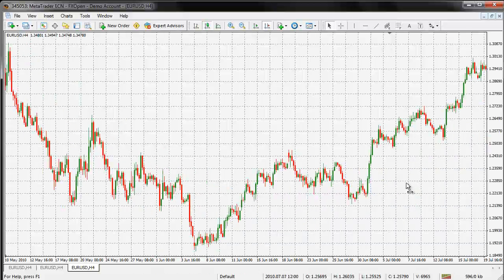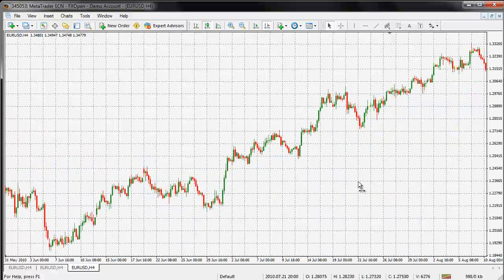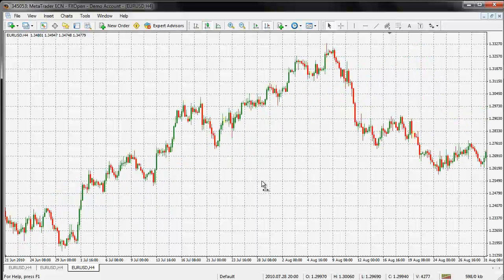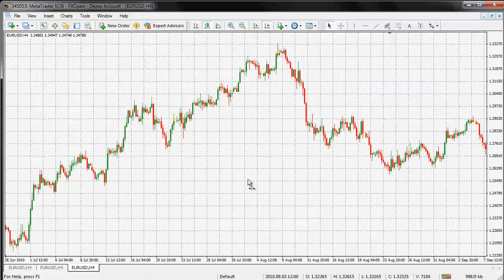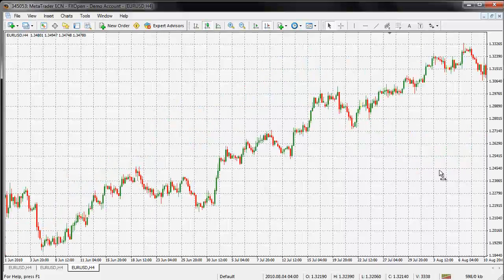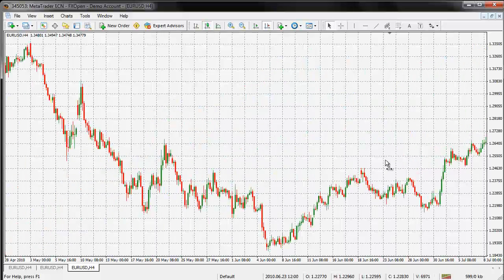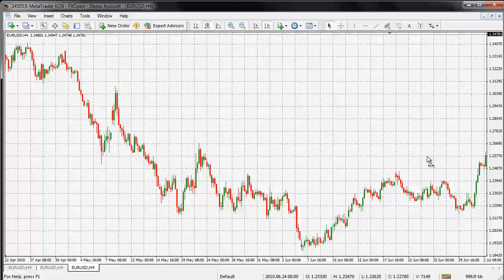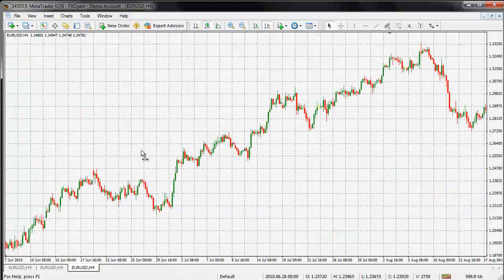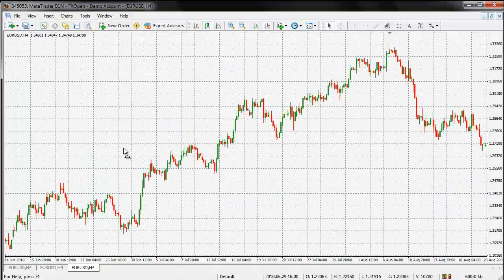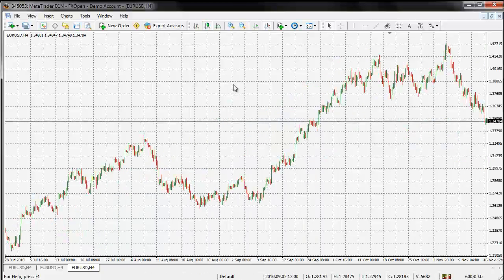Alright, the way this really works is that we're looking for an area in the market where it's happened more than once, and we've got to find that area first. What this requires us to do is keep going back and forth on the chart to try and find some areas. Now I might have to zoom out just a little bit more.